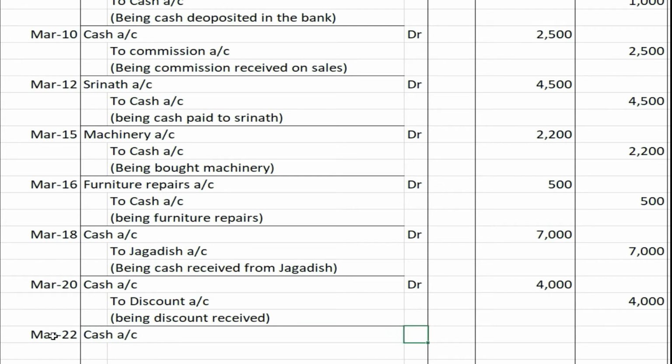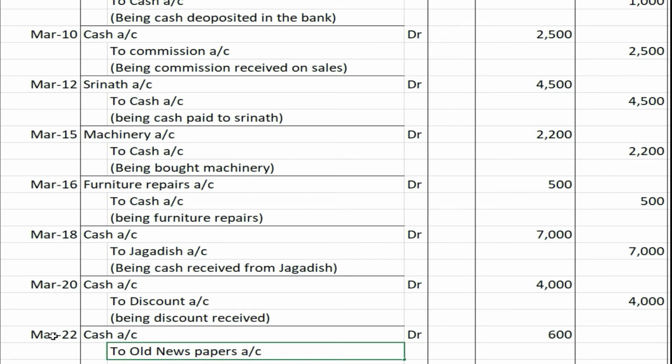Cash account debit. Amount is 600. Credit to old newspapers.